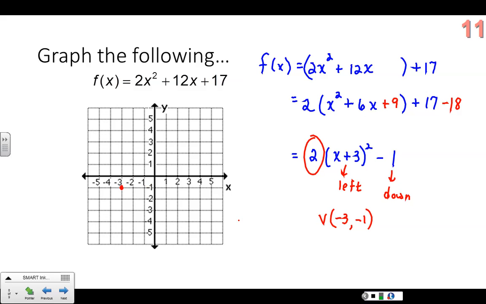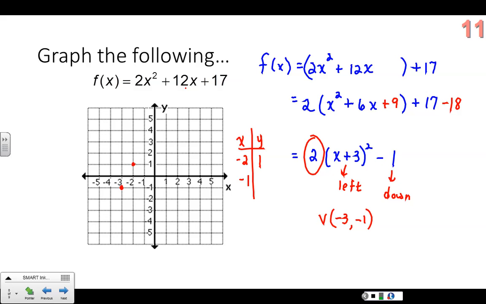I'm going to pick -2 and -1. Plug those in and see what we get. If I plugged in -2 here, that'd be 2 times 4, which is 8. 8 minus 24 plus 17 equals 1. So (-2, 1) is going to be a point on my graph.